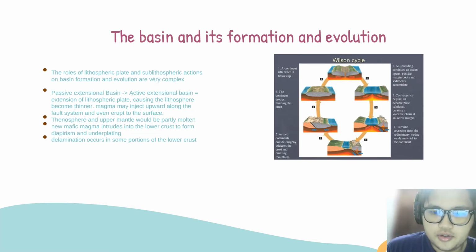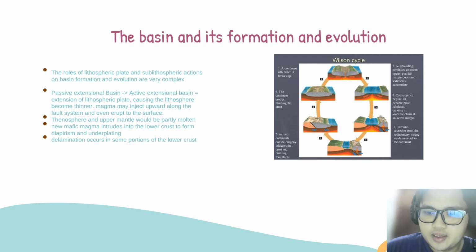With the extension of the lithospheric plate, a passive extensional basin may form, causing mechanical thinning of the lithosphere. Based on the initiation and development of the fault system, magma may inject upward along the fault system and even erupt to the surface, which can cause a passive basin to transform into an active extensional basin.